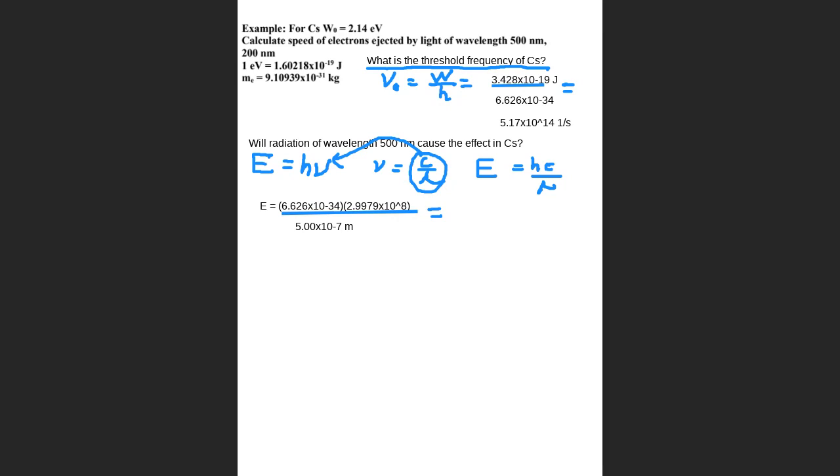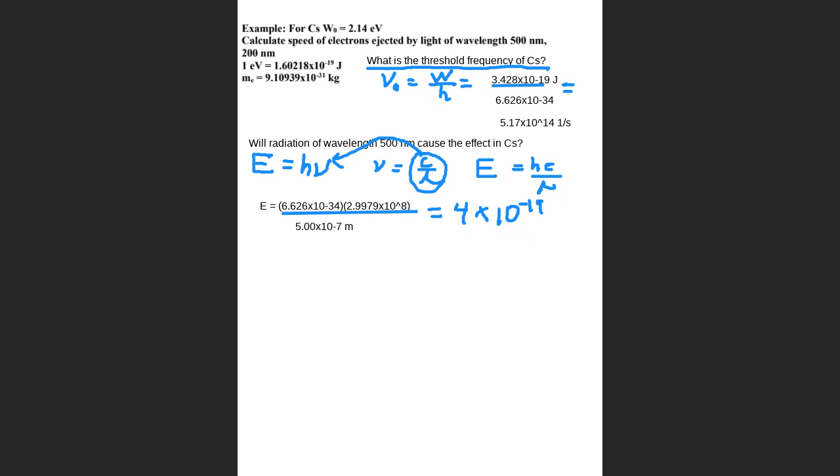I basically get 4 times 10 to the negative 19. 3.98 actually. Okay, so I've calculated this number.